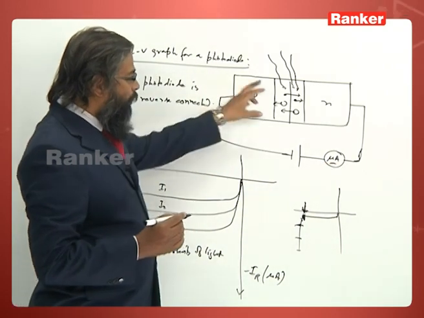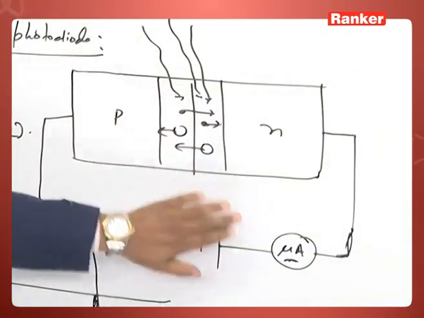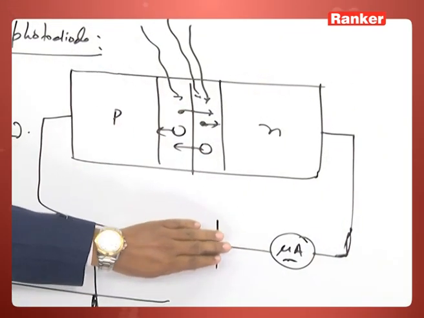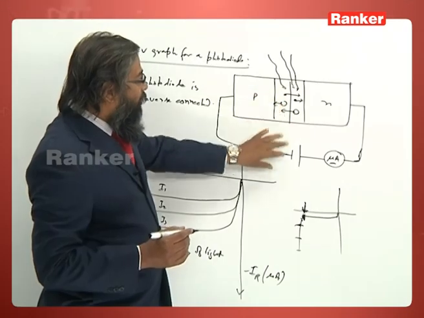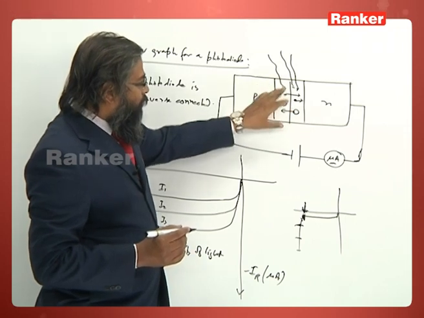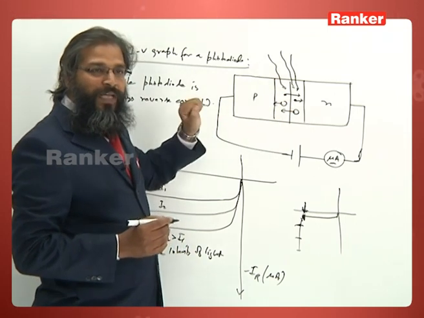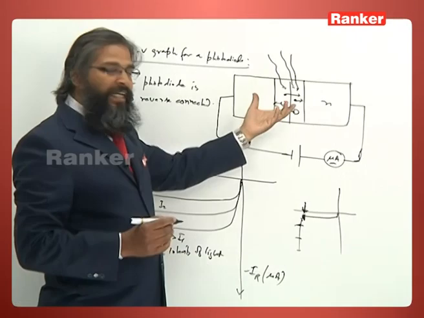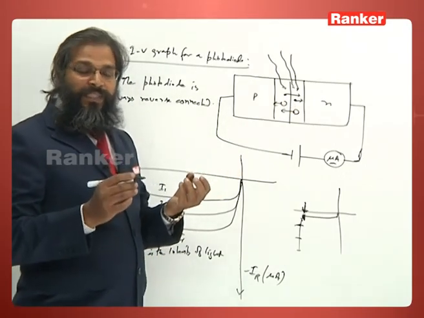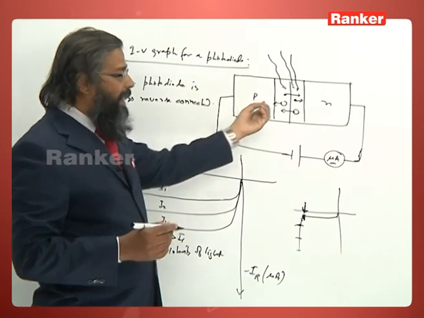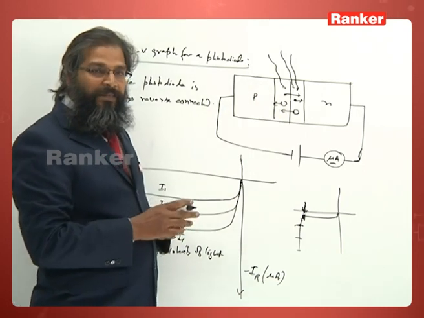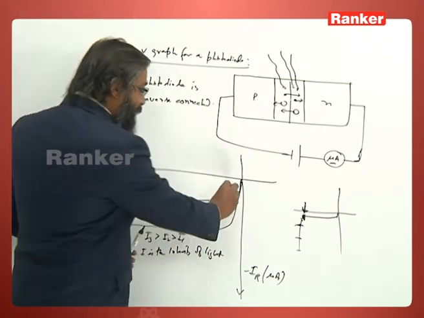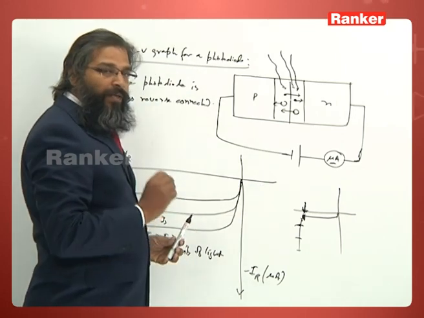Suppose when there is no bias, and 100 photons are falling, and suppose quantum efficiency is 0.1, so only 10 electron hole pairs are created. So, the increment in the current is very small.